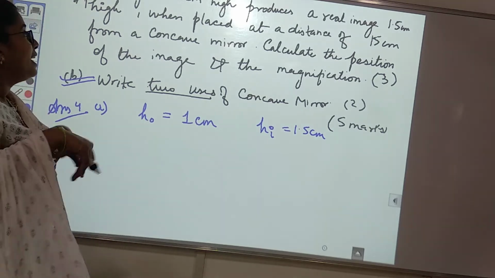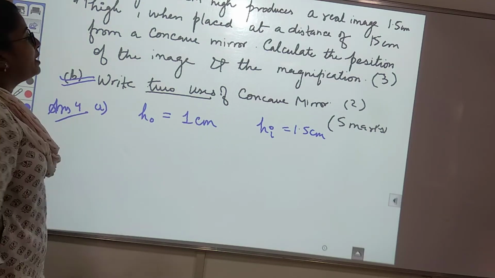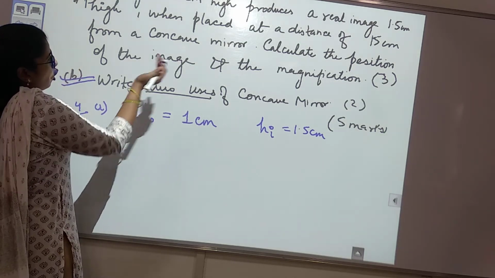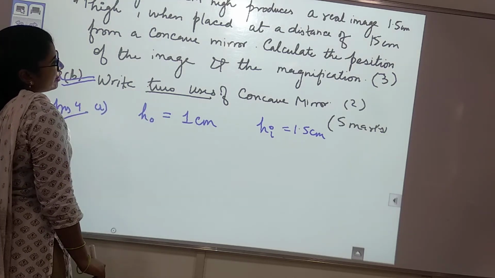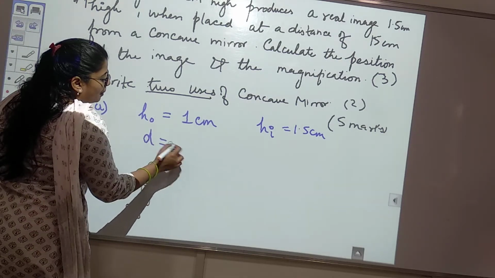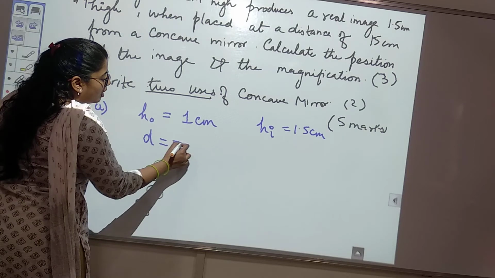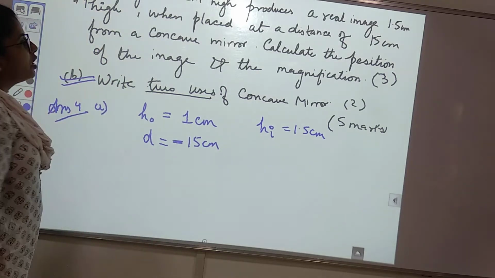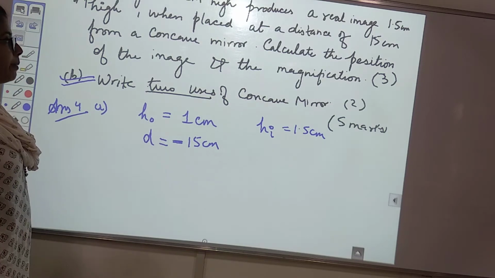The object is placed at a distance of 15 centimeter from a concave mirror. You know that when the object is on the left side, you put a negative sign, so u is minus 15 centimeter.